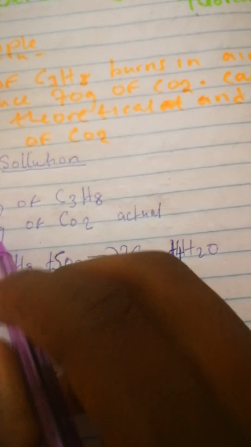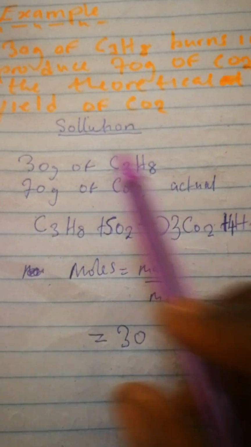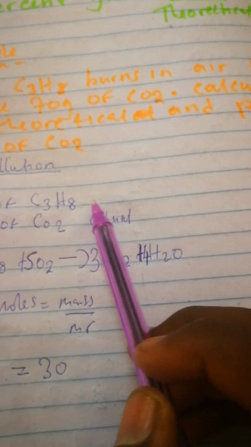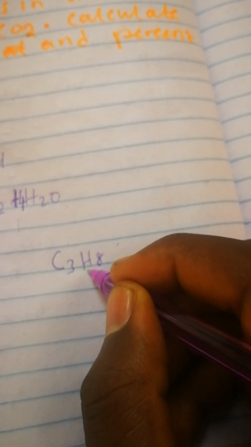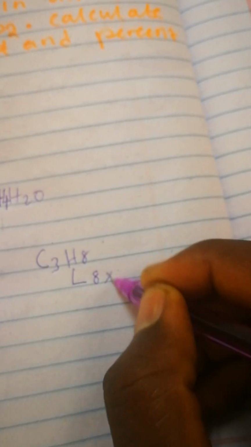What is Mr? We go to the periodic table and find the molar mass for C3H8. H is 8 times 1.008, which is 8.064. Carbon has 3 atoms, so 3 times 12.01 is 36.03.